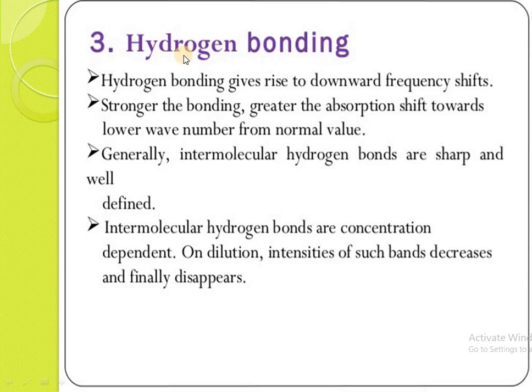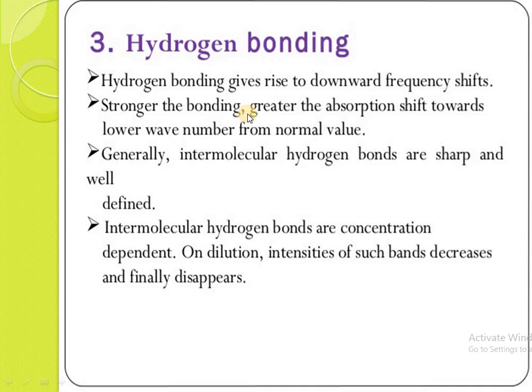Next is hydrogen bonding. Hydrogen bonding gives rise to downward frequency shifts, as we have seen in UV spectroscopy also. The stronger the bonding, the greater the absorption shift towards lower wave number from the normal value.